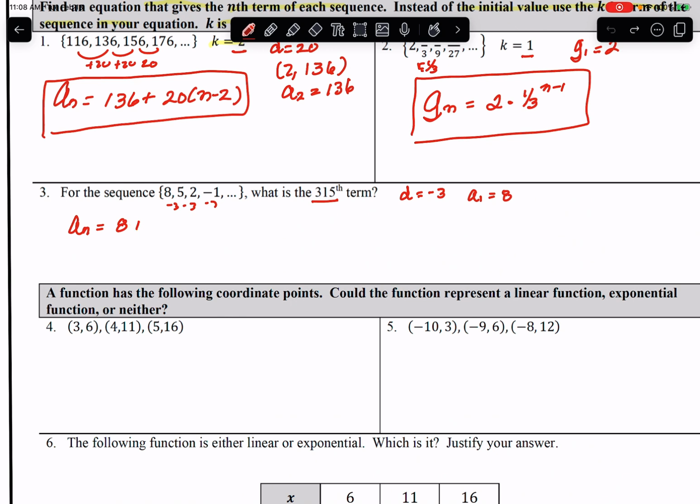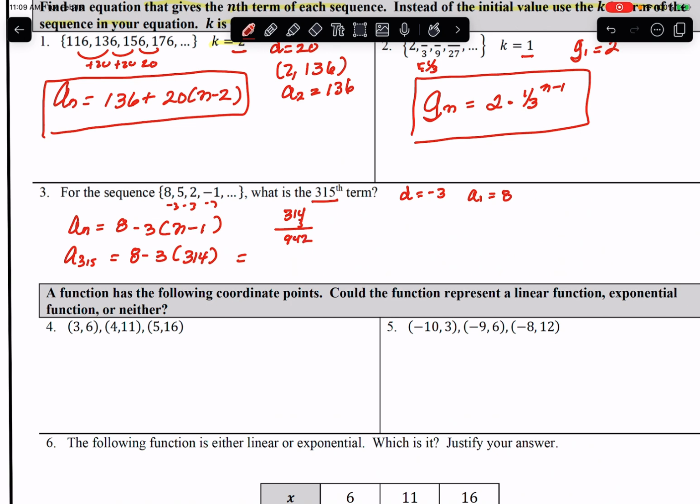Let me fix that better. It's because it's -3, so it should be minus 3 times n minus 1. So a of 315 would be 8 minus 3 times 314. And so then you have to do 314 times 3, which is 942.